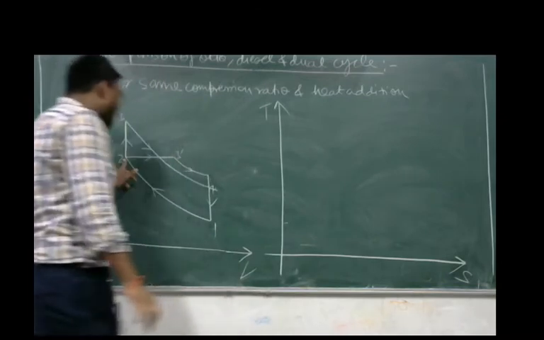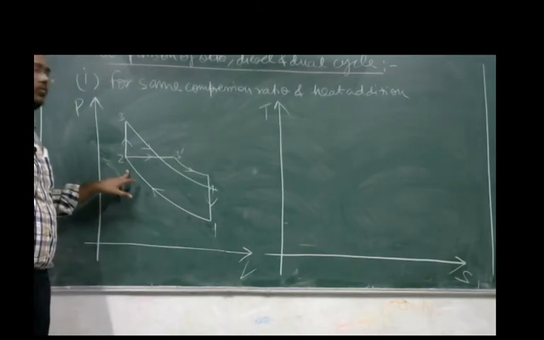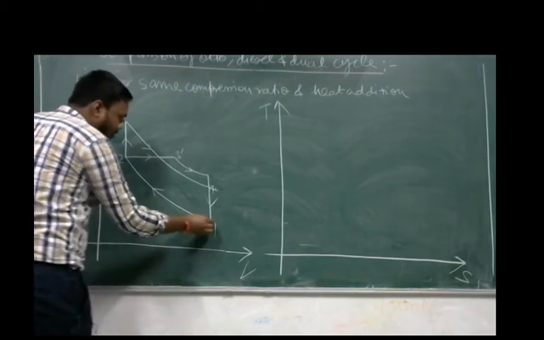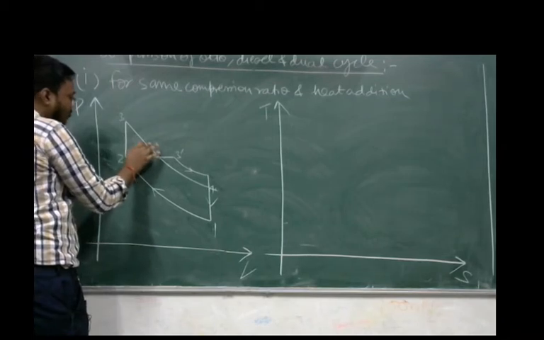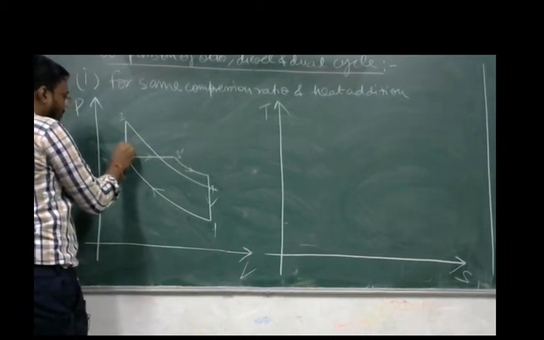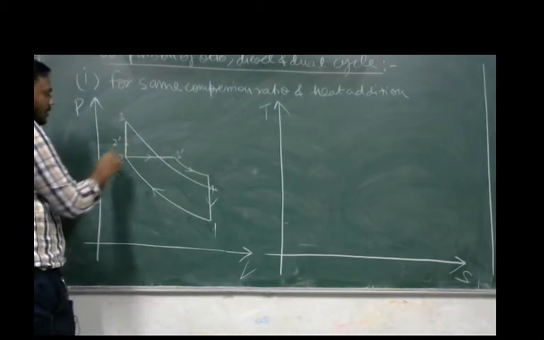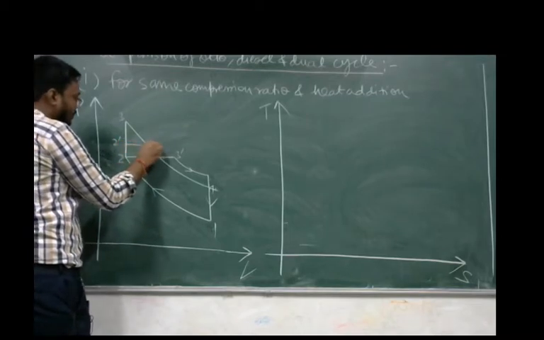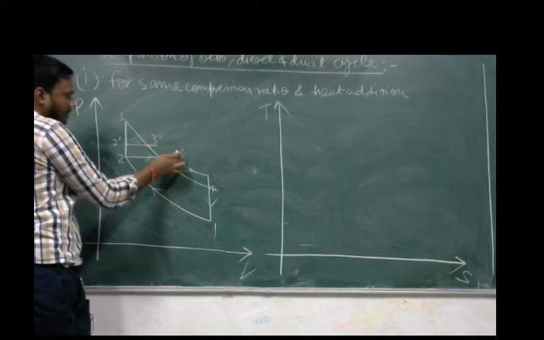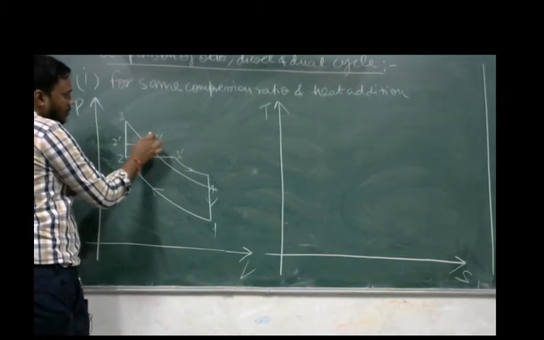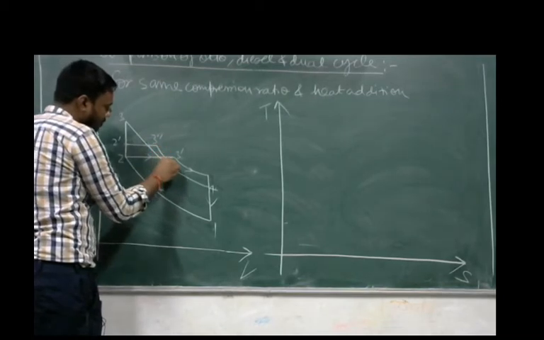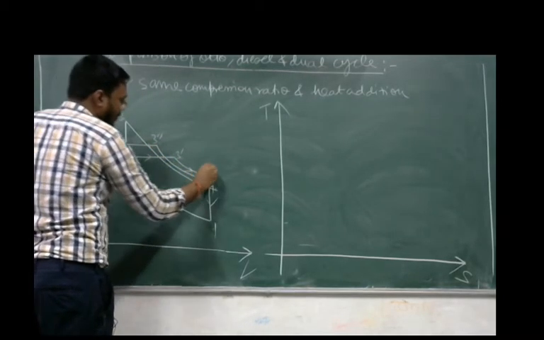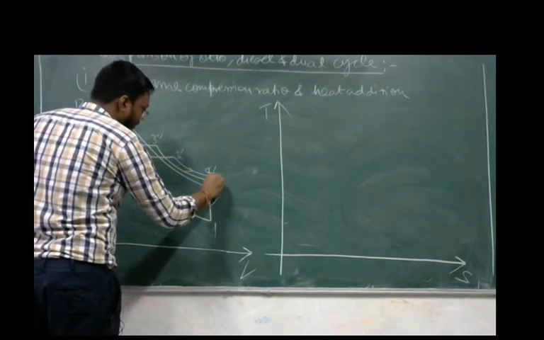Next we need to draw the PV diagram for dual cycle. Again keep in mind that the compression ratio will be same from 1 to 2, but from 2 it will change. From 2, first we go from 2 to 2 dash, then 2 dash to 3 double dash, and it will come like this, and then 4 double dash.